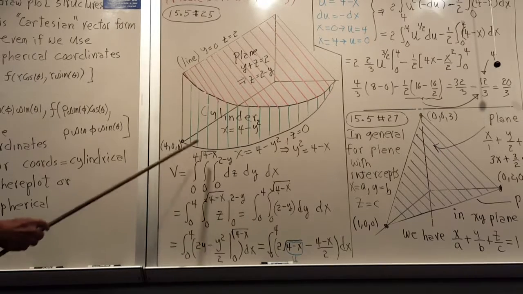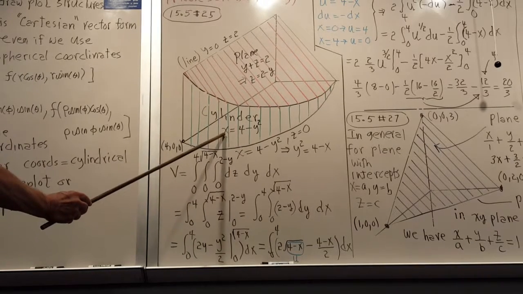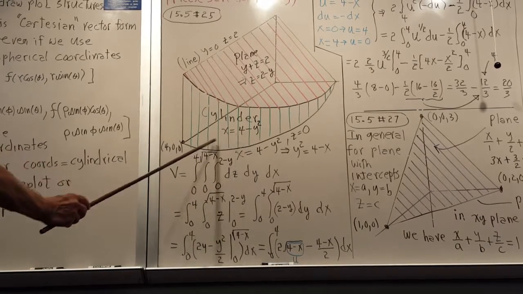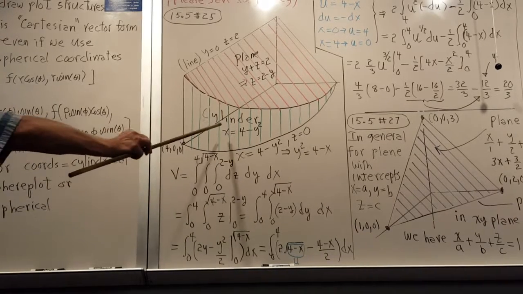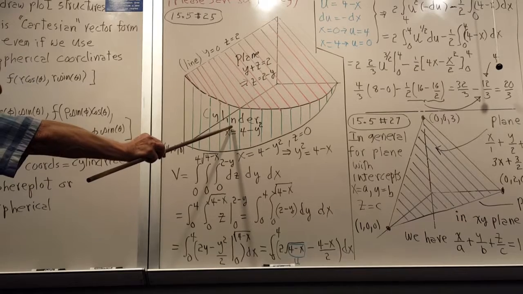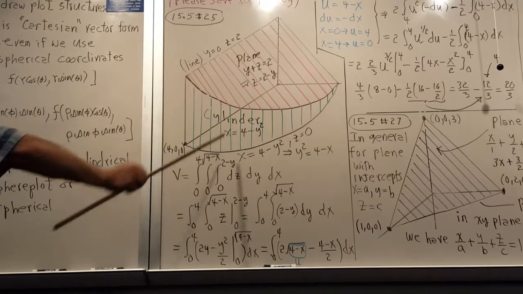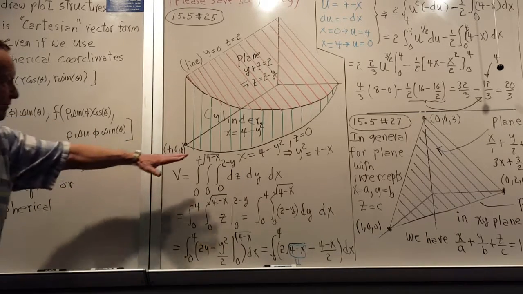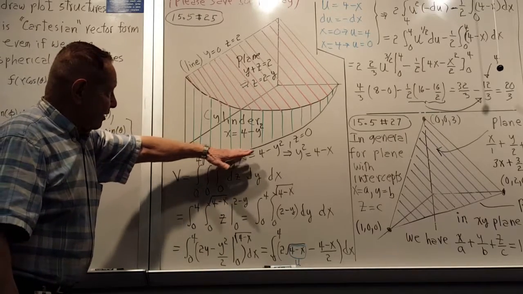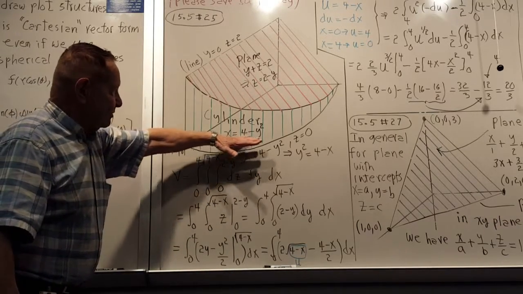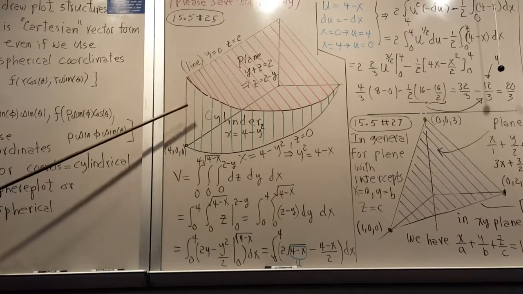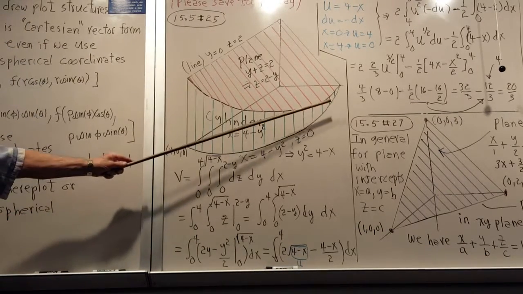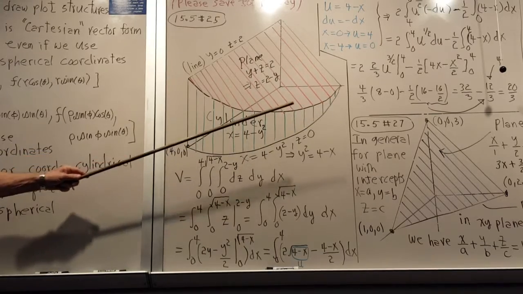And you notice this is a cylinder with a parabolic cross section. It isn't circular, because if it were circular, you'd have y squared here as well. If you're in one plane, x equals 4 minus y squared is a parabola. So this is part of a parabolic cylinder, as you'd call it.